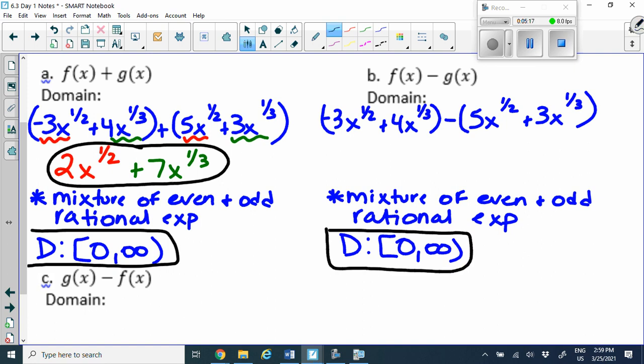Now I'm going to go and simplify. I change this negative into a positive, and I go ahead and change all the signs behind it to negative. Basically, what I did was I distributed my negative sign.